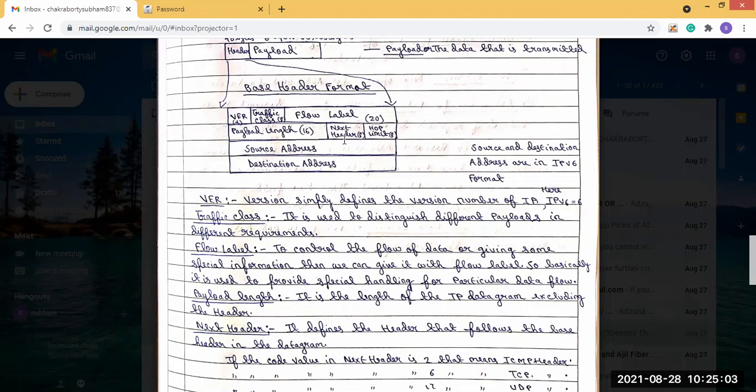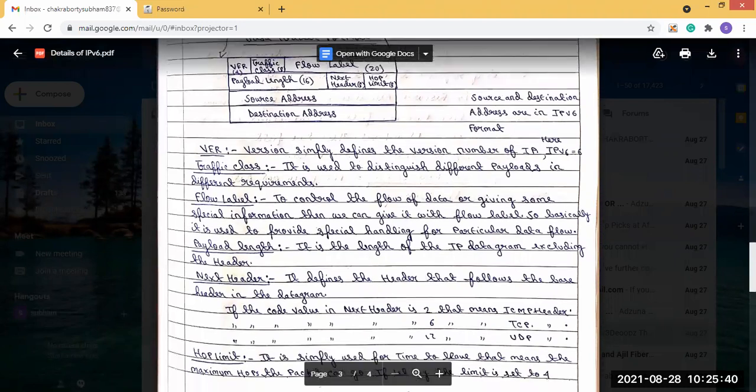Some other headers are also present, namely the ICMP header, TCP (Transmission Control Protocol), and UDP (User Datagram Protocol). We will see what TCP and UDP are in the next classes, but for now you know that these are the headers present, and we call this the next header. If the code in the next header is 2, that means we are using the ICMP header. If the code value is 6, we are using the TCP header. If the code value is 17, we are using the UDP header. So this is the next header field content.